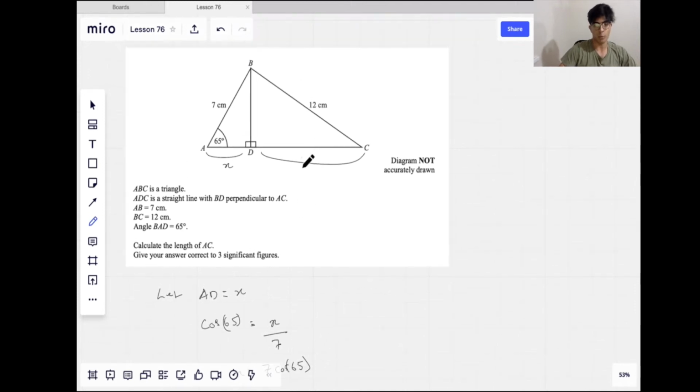Now we can say y here. How do we find y? We have the length y here, we have the length 12, but we don't have an angle. We know this is 65, but we don't know what this angle is, nor this angle. So we can't use the fact that the angles in a triangle sum to 180 to figure out one angle.